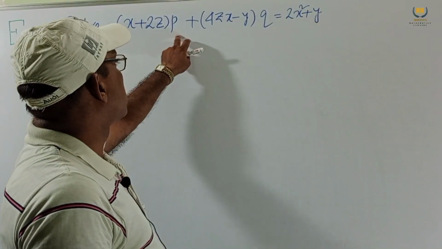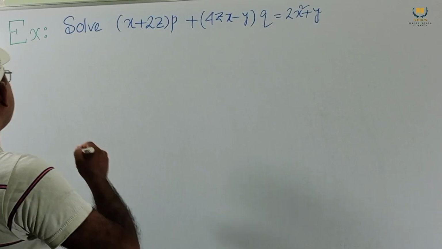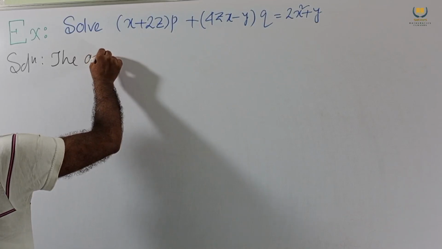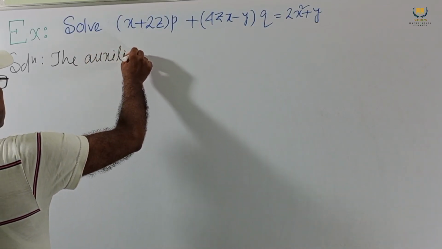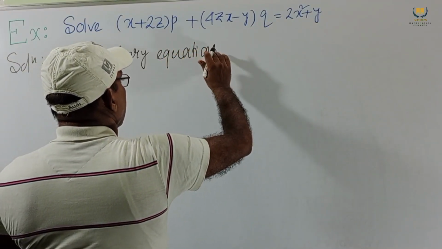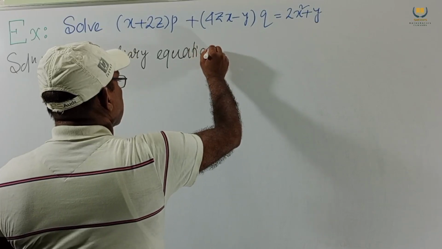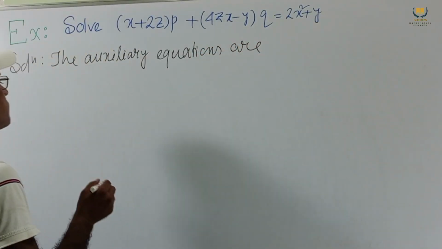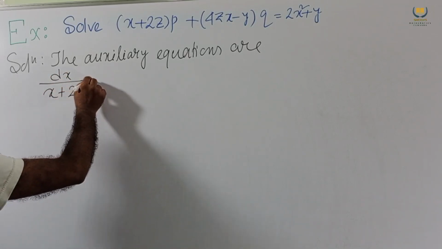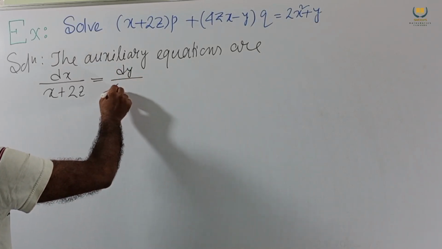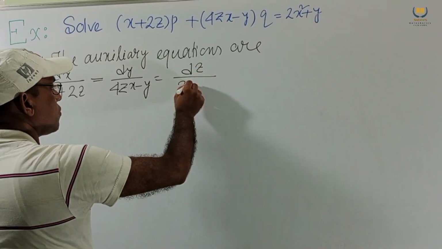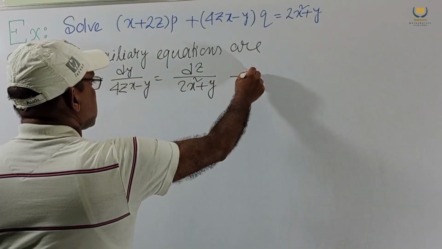So this is capital P, small p, capital Q, small q, this is R. So the auxiliary equations will be dx by x plus 2z, dy by 4zx minus y, and dz by 2x square plus y. This is number 1 we consider.